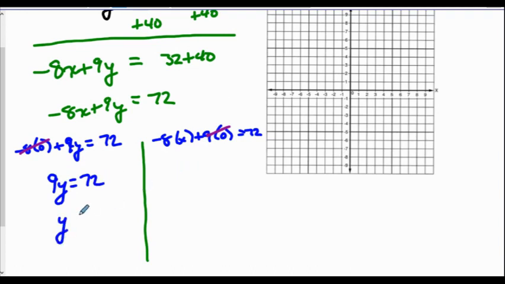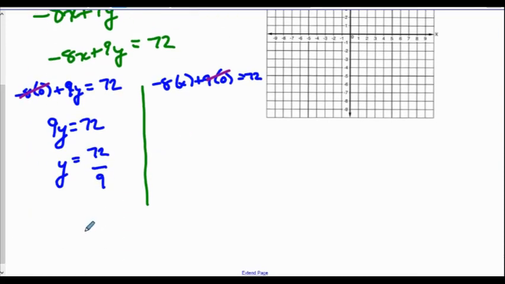I'll finish this one. Y equals 72 divided by 9. 72 divided by 9 is going to be y equals 8. This one is going to be negative 8x equals 72. Divide each side by negative 8.